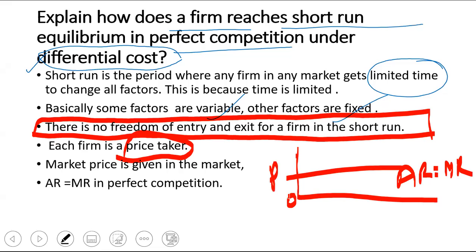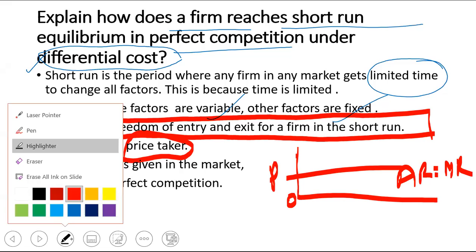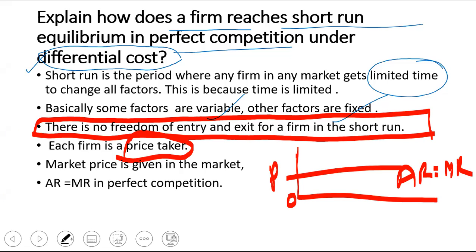So what does it mean? The firm has to choose this price. The firm cannot make its own price. Please remember, the firm has to accept the price. That is why the firm is a price taker. At the time of entering the market, the price already exists in the market, and the firm has to accept that same price.